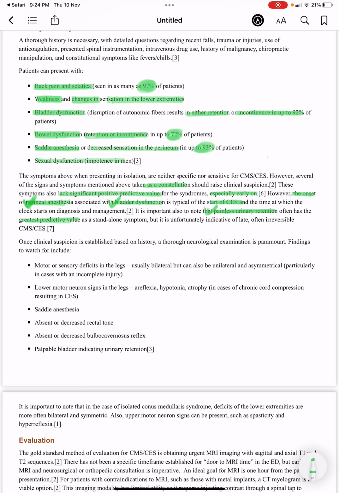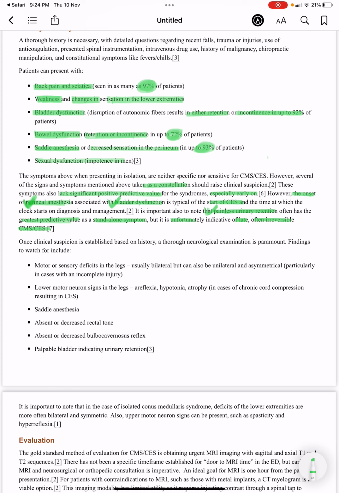It's a standalone symptom, but unfortunately it is indicative of late, often irreversible conus medullaris or cauda equina syndrome. So when should we first suspect? Perineal anesthesia and bladder dysfunction. This is typical of the start of cauda equina syndrome.